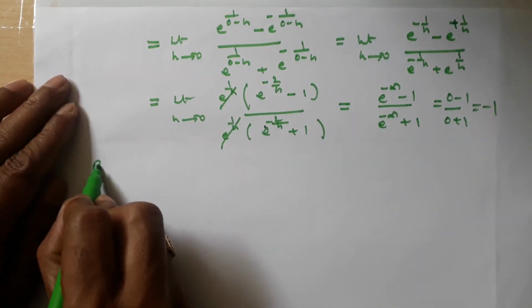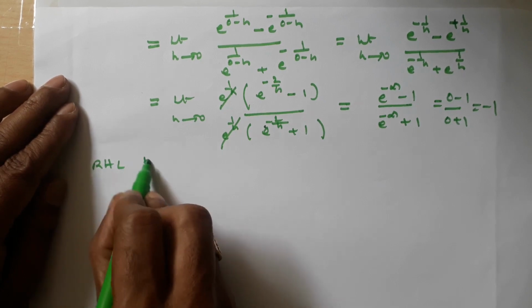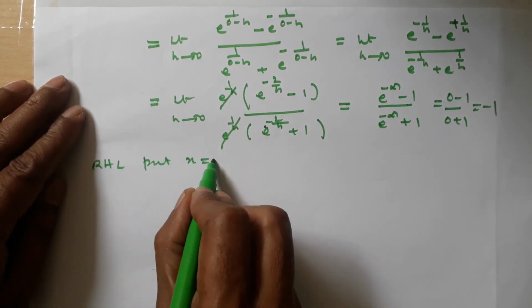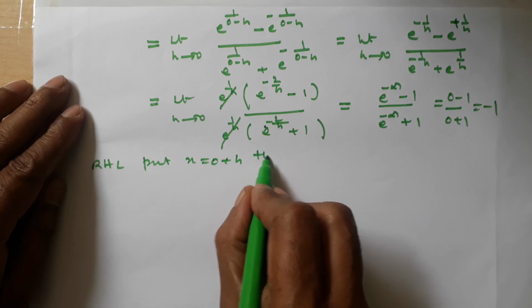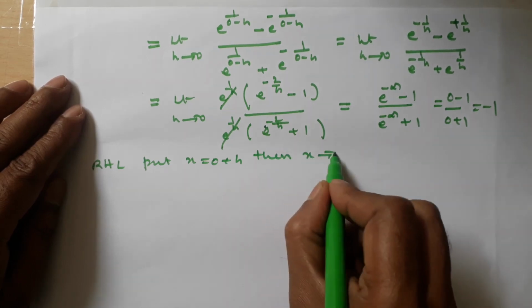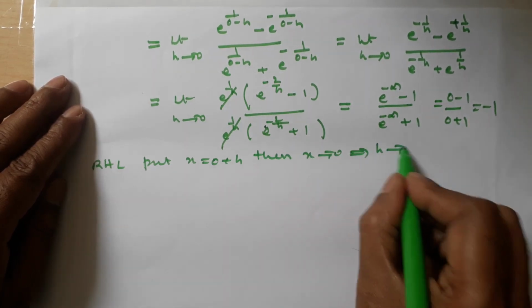Next, the RHL. Put x is equal to 0 plus h, then x tends to 0 implies h tends to 0.